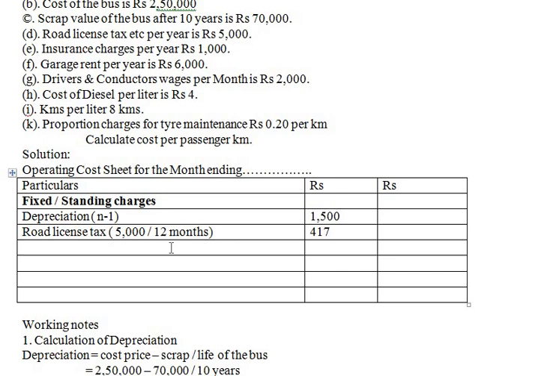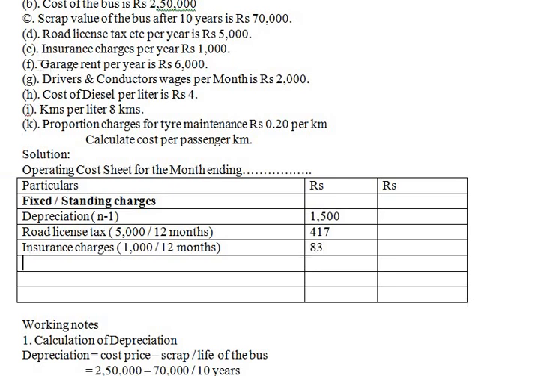Now next is insurance charges per year. They have given 1,000. So 1,000 divided by again 12 months, which is 83.